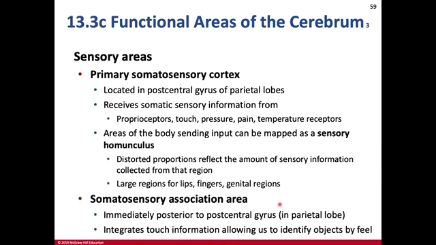The primary somatosensory cortex is behind the central sulcus in the region called the postcentral gyrus, and it receives somatosensory information from the surface of the body, our muscles, our joints, and in some cases, some of our special senses, okay? And so just like we did with the motor cortex, we can make a sensory cortex model of the body that's pretty similar, okay?